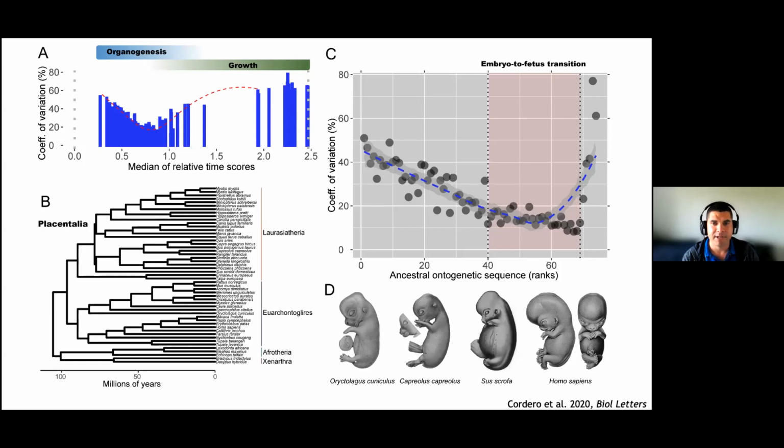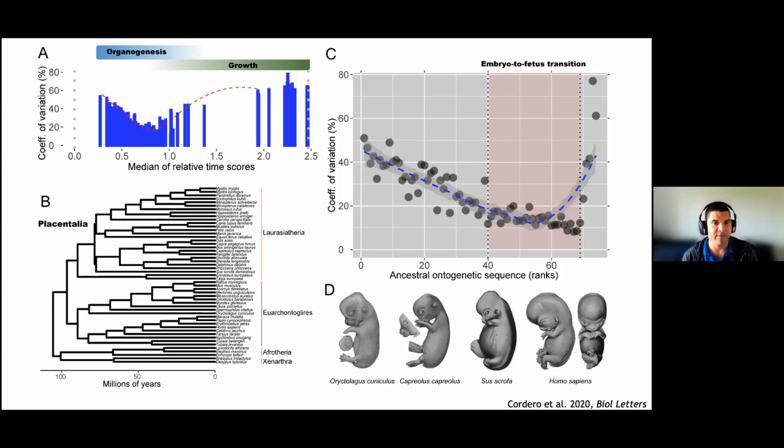And then in panel C, what we did was we computed interspecific variation in the timing of development. And what we found was that early in development, surprisingly, there was a lot of variation. And then you come to a period that we like to call the embryo to fetus transition, which is more or less in the middle of development, where placental mammals tend to be very similar in terms of the timing of developmental processes.